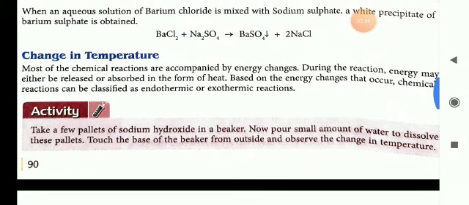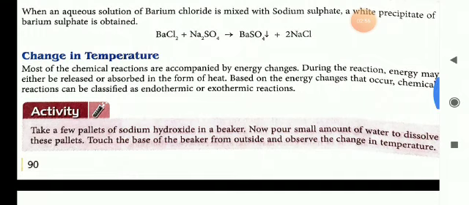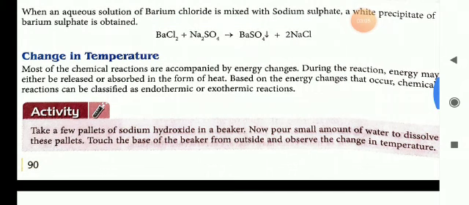If the reaction is taking place, then during this reaction, either the energy is released or absorbed, and this energy is in the form of heat.